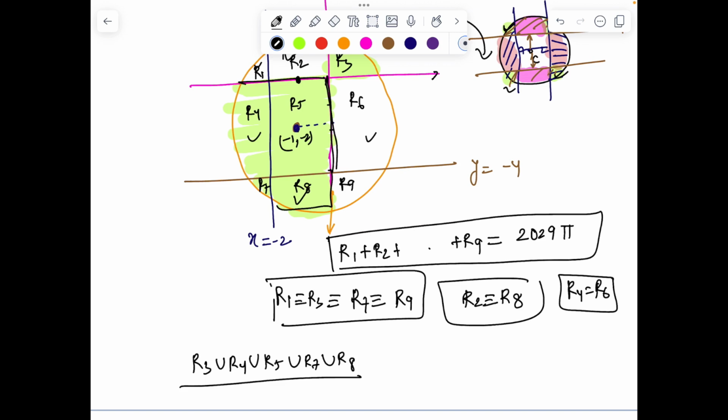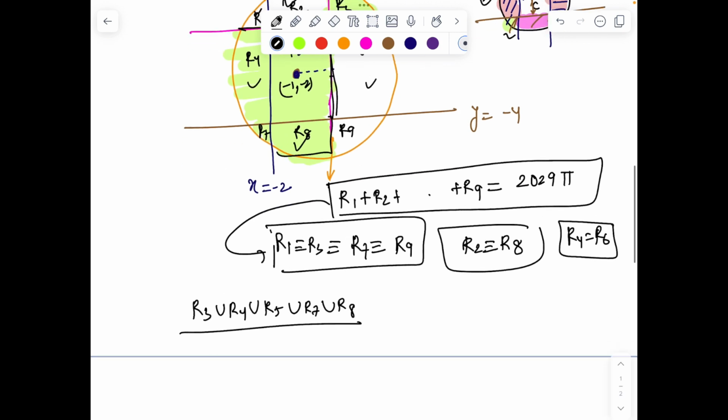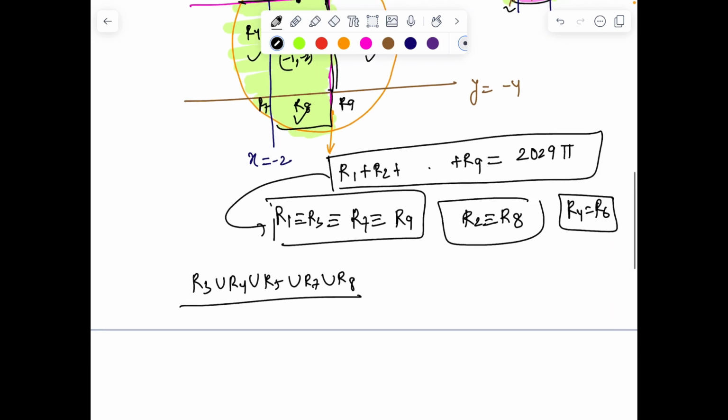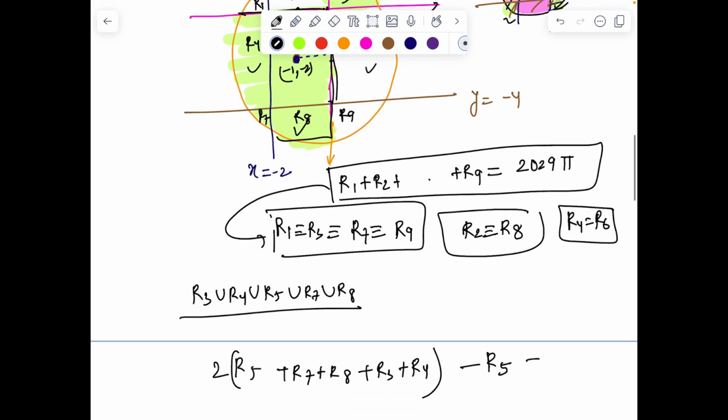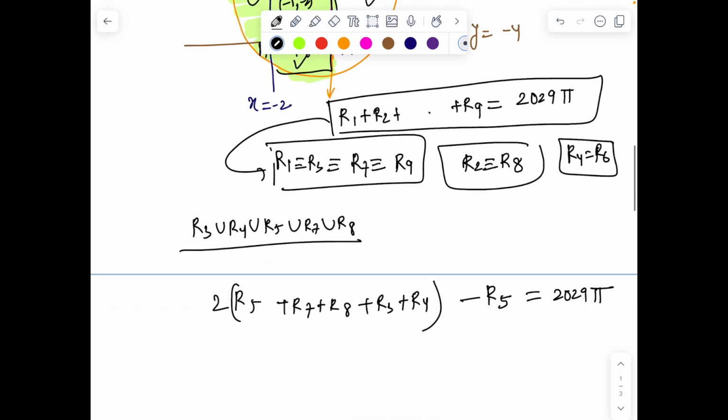Now we know the area of the entire R1 till R9 is 2029 pi. If I put in this information, R1, R3, R7, R9 equal and R4, R6 equal, what we get is (R5 plus R7 plus R8 plus R3 plus R4) times 2, minus R5, is going to be 2029 pi.